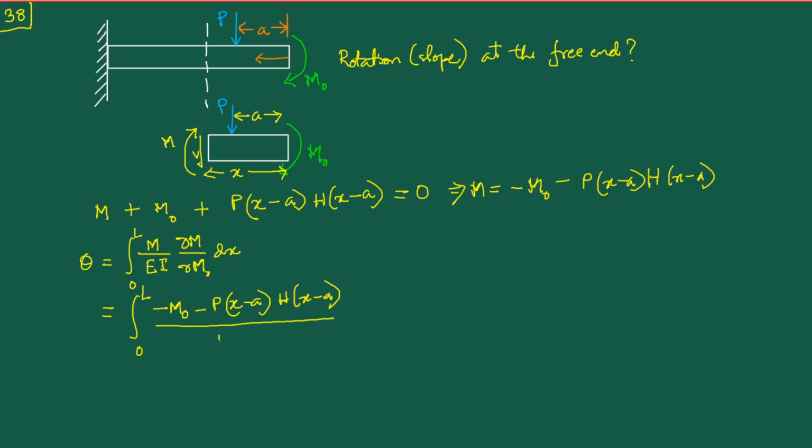This EI remains as it is. Now for the del M by del M naught, you note that it is only this term which is going to contribute. So that's actually good news for us because it makes the expression very simple.